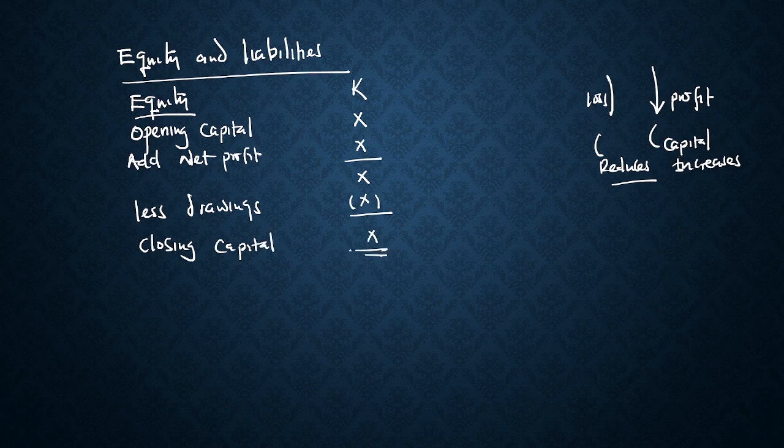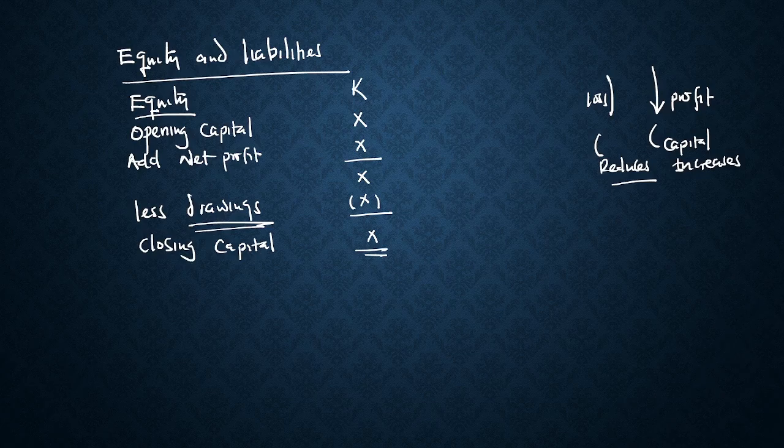Have you seen what happens? If your drawings increase, they will reduce this value to get your closing capital, meaning your capital is going to reduce. But if you minimize your drawings, your capital will increase. When your profit increases, your capital also increases, because you are adding that net profit to your capital.